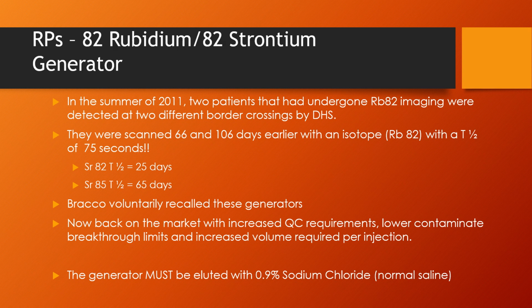So the carts are back on the market with increased QC requirements. There's lower contaminant breakthrough limits and increased volume required per injection. And it's an absolute rule that it must be eluted with 0.9% sodium chloride.